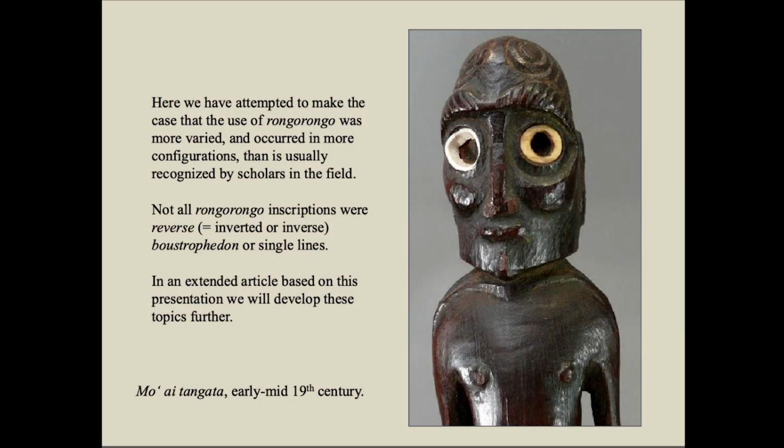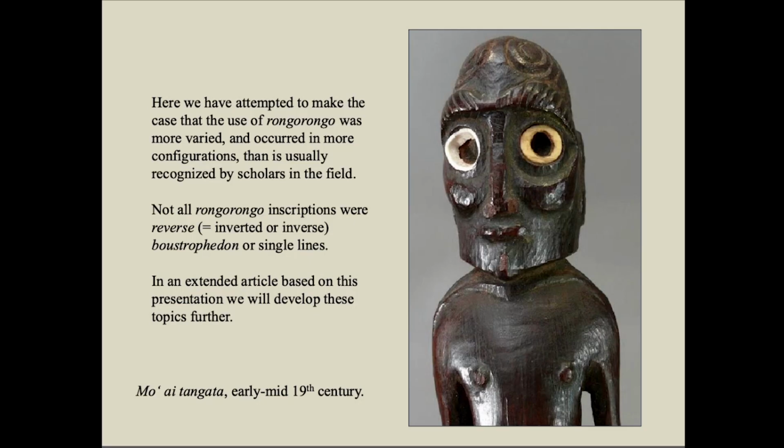So we've attempted to make the case that rongorongo is more varied, occurred in more situations than is usually recognized by scholars. And I think that it's important not only to look at the large, long, canonical inscriptions that are known, and certainly Tomi and I are doing that, but to also take into account the evidence we have of other inscriptions, other glyphs that are being used in diverse situations.